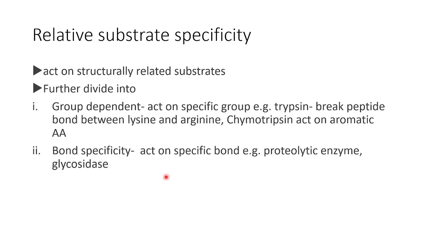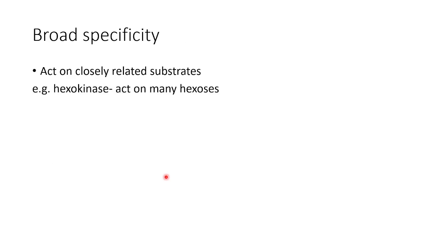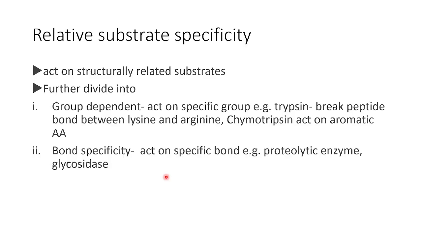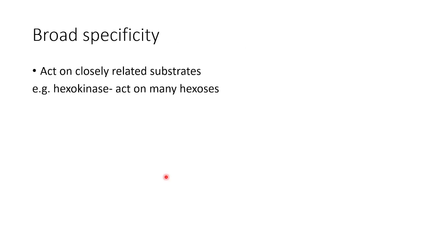Chymotrypsin acts on aromatic amino acids. And bond specificity means it should act on specific bonds, like the proteolytic enzymes and glycosidases. And broad specificity is where it can act on closely related substrates, like hexokinase acts on many hexoses.